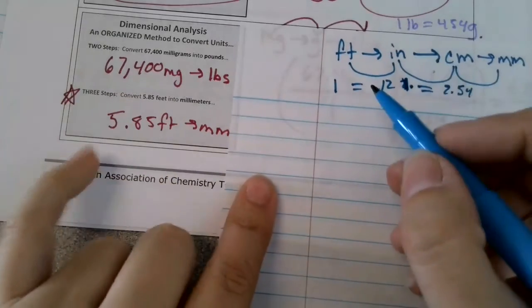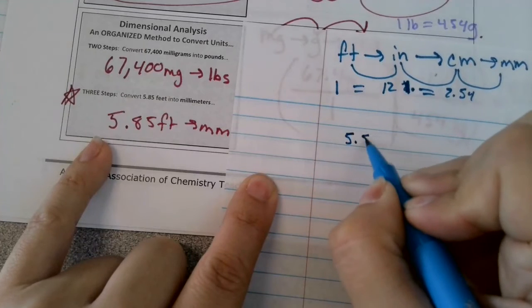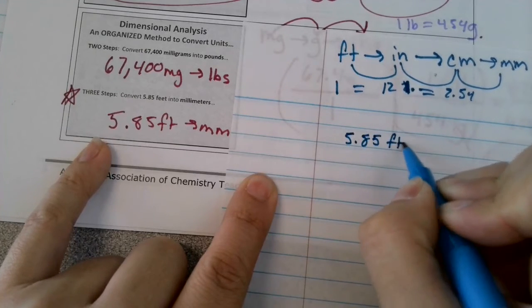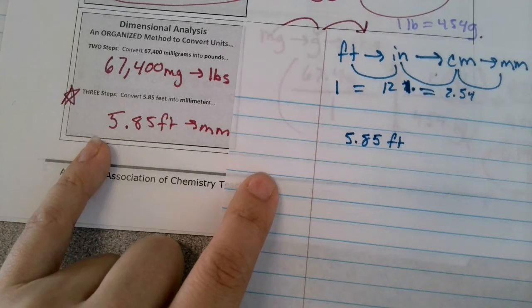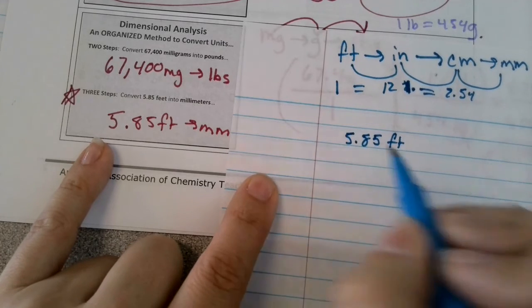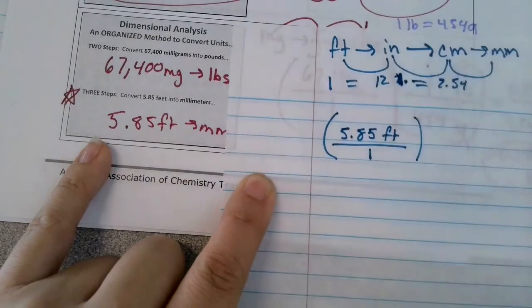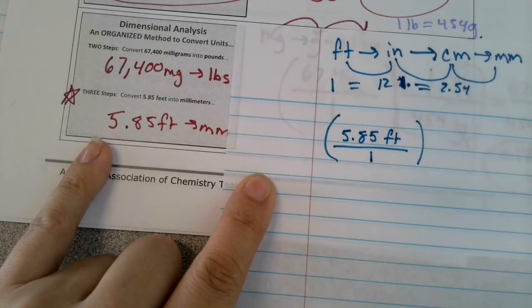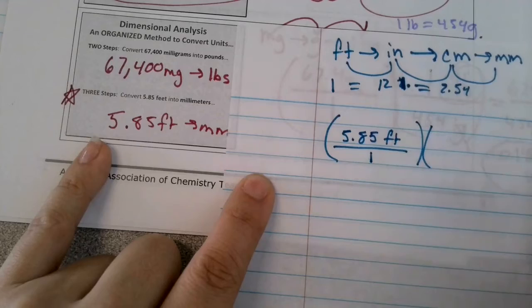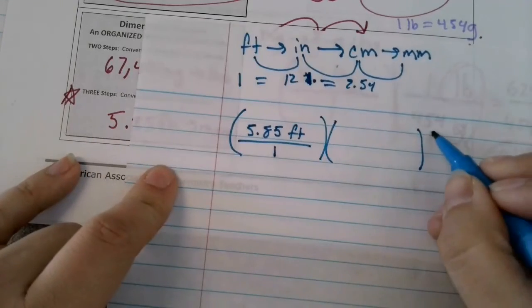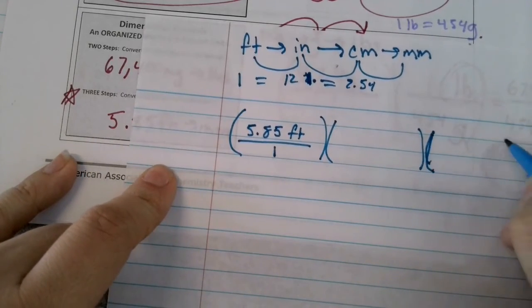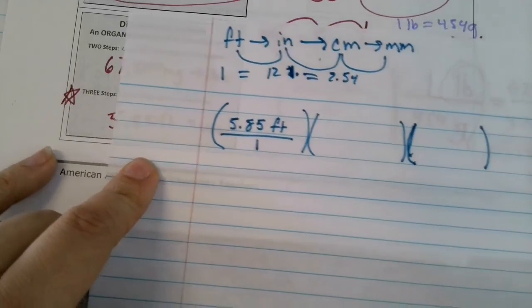So let's start with what we have. We have 5.85 feet. We're going to imagine that this is a fraction, so that way it's easier to mentally have this. And we know this is going to be a 3-step process.